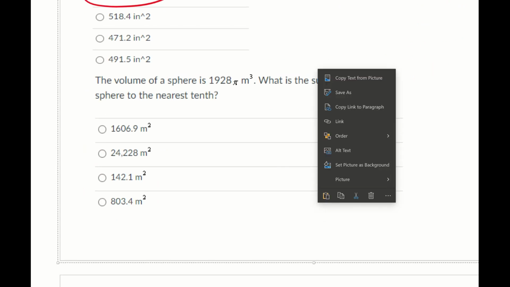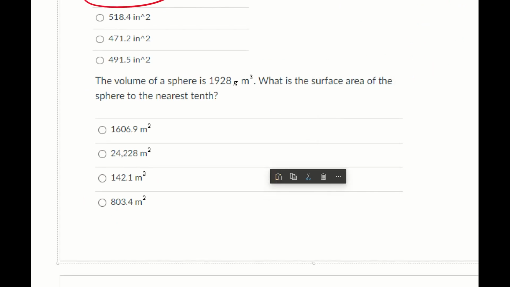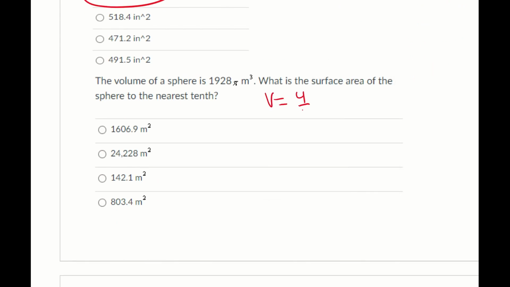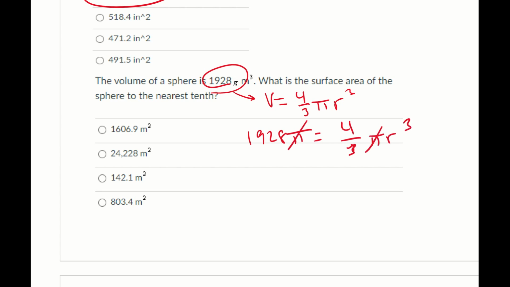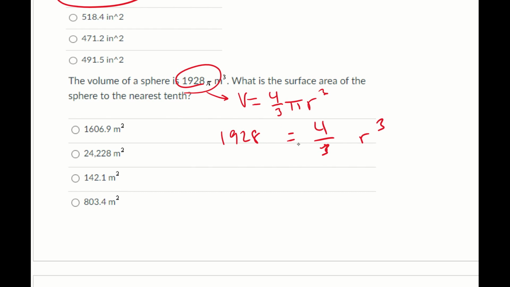All right, so the volume of a sphere is 1928 pi. So that's the volume, and we know that the formula for the volume is that. So let's plug that in for the volume. So 1928 pi. Notice that the pi's cancel, so we can just kind of ignore them. And to get the radius, we're going to need to get rid of the 4/3. We did this before.